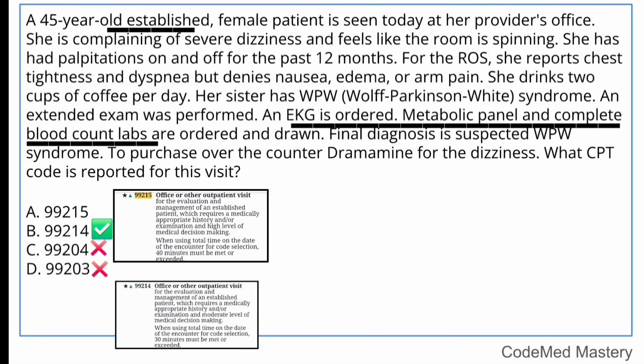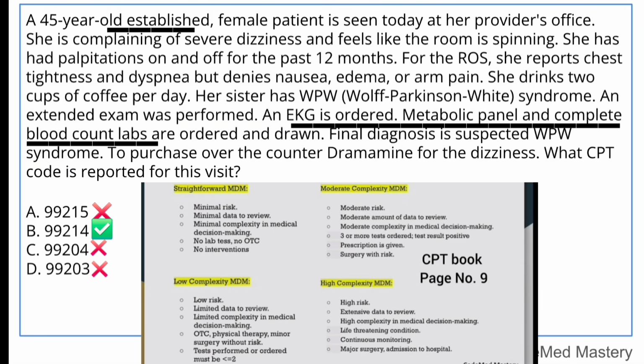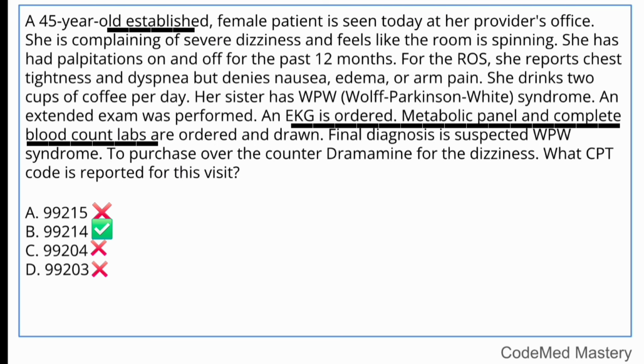Because here the patient is having severe dizziness, palpitations, chest tightness, all are serious symptoms. And here they have ordered EKG, metabolic panel and complete blood count. So if there are 3 or more tests ordered and reviewed, then it will be moderate complexity MDM.